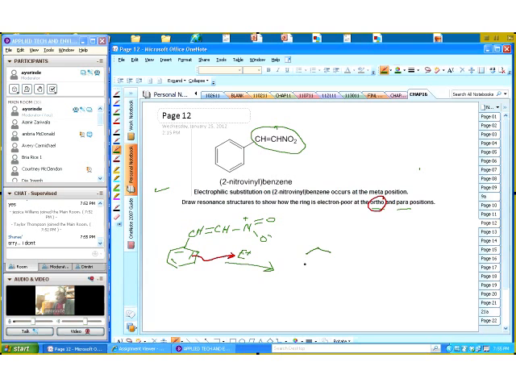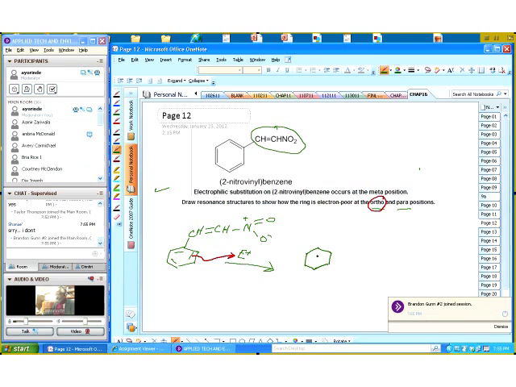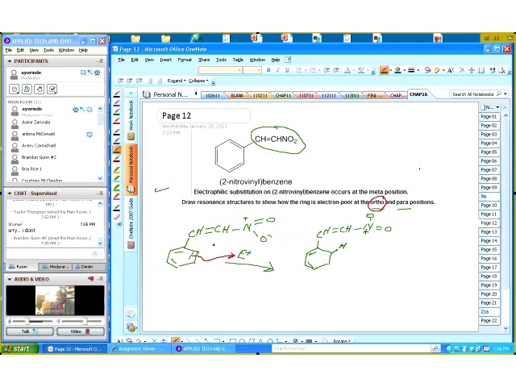So what do we get? We have this. This is one of those questions where you have to understand exactly what the reaction mechanism is before you can attempt it. So the double bond is here, the double bond is here, and this is here. The nitro is here. Of course we know the hydrogen is here.